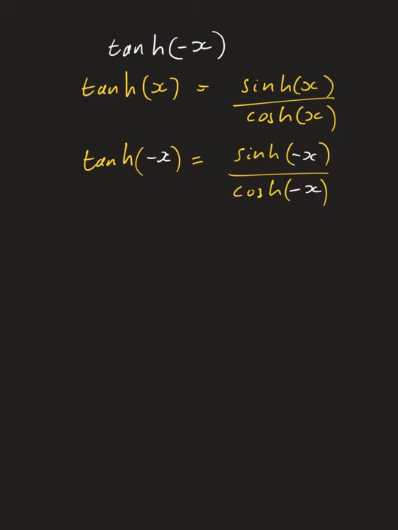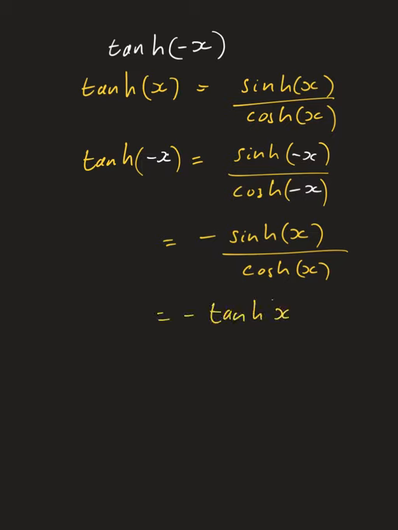And we already know what sinh of minus x is and what cosh of minus x is, so we can just substitute those in. Sinh of minus x is minus sinh of x, and cosh of minus x is just cosh of x again. So if we look at what we've got left, it's just minus tanh of x.